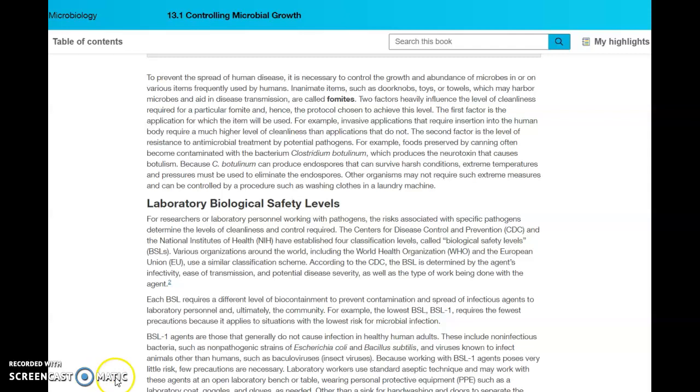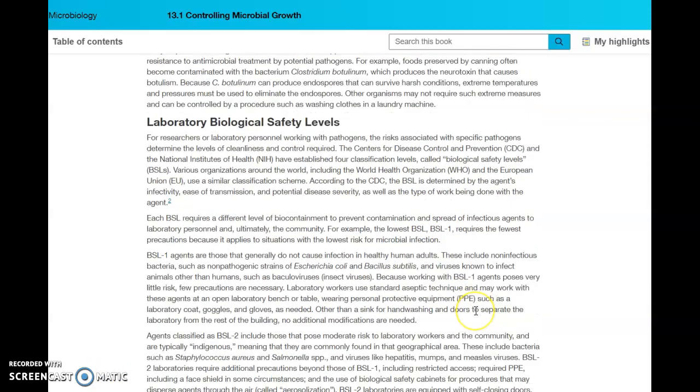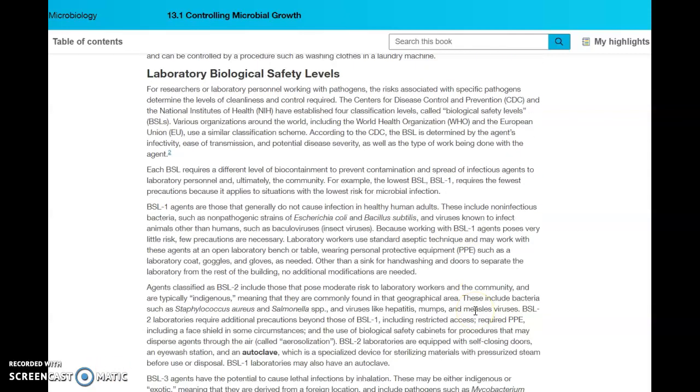Now, when we look at people who work with pathogens, your mind automatically goes to the CDC. And, of course, in the United States, the CDC is our foremost authority on microbes.